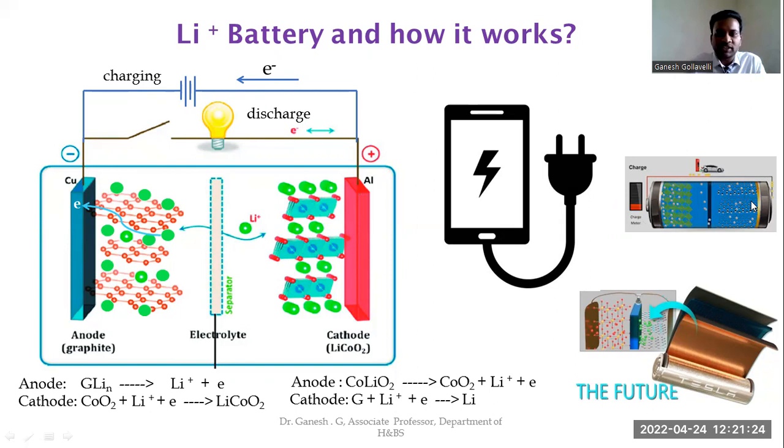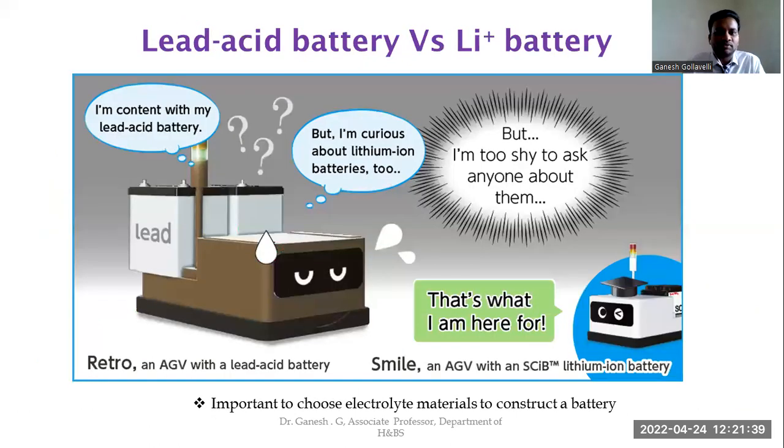Lithium ion batteries are light in weight because we simply take copper foil and aluminum foil. In between we have a polymer separator which is coated with lithium electrolyte. Well, so that's about how to manufacture a modern battery and how it works.